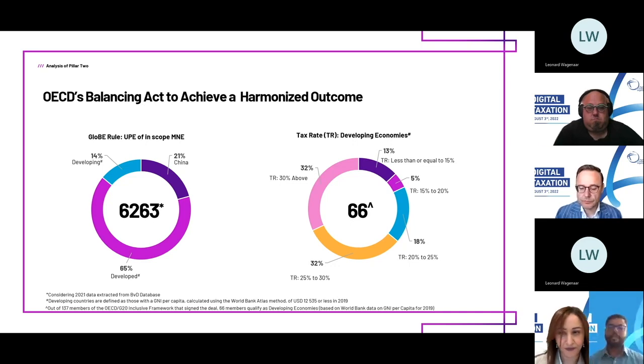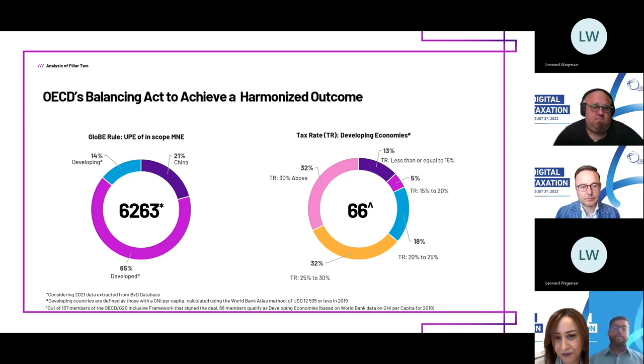At the same time, there is the second part of Pillar 2, which is the subject to tax rule. And STTR empowers the sourcing jurisdiction to charge a minimum tax rate of 9% on certain categories of related party payments, like royalty, interest on loan or finances, and there are other such payments.